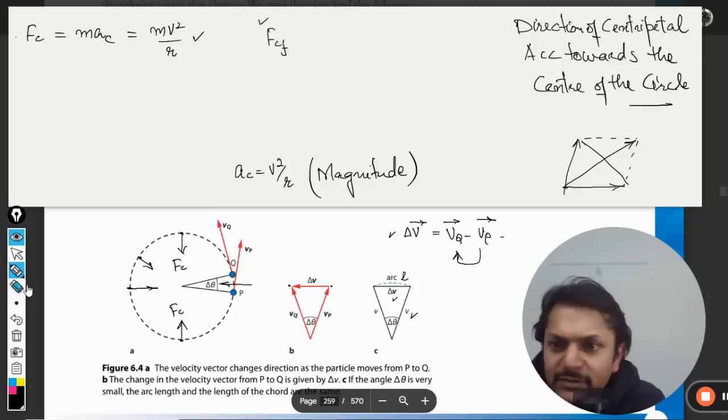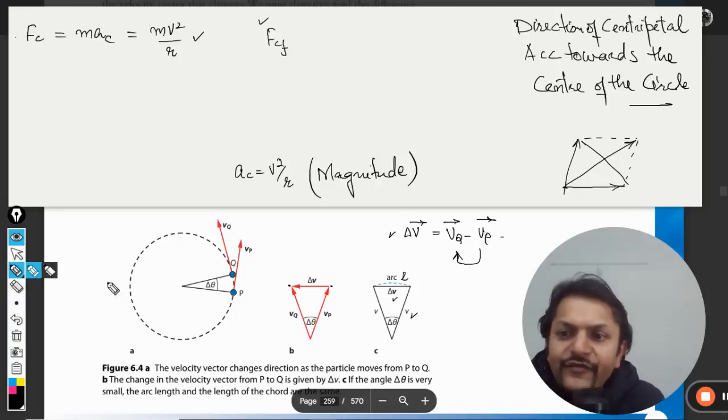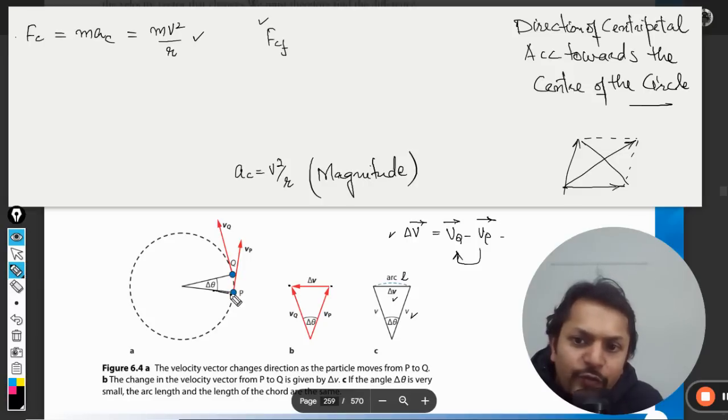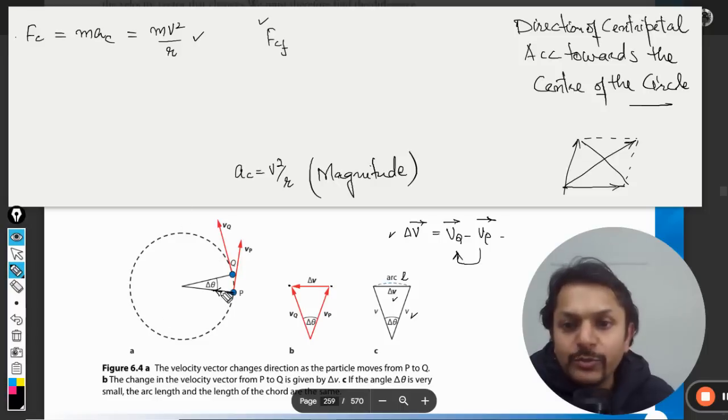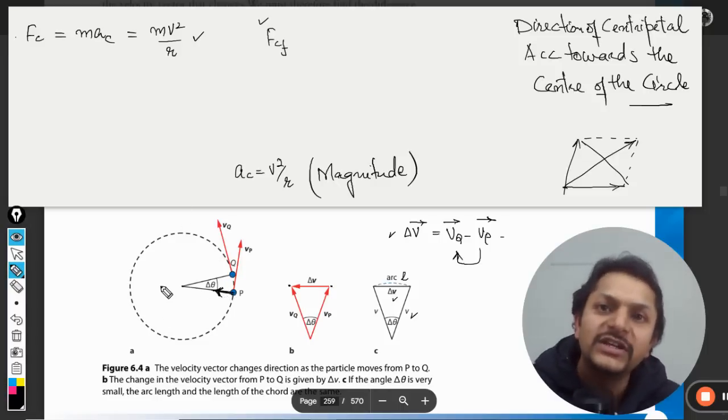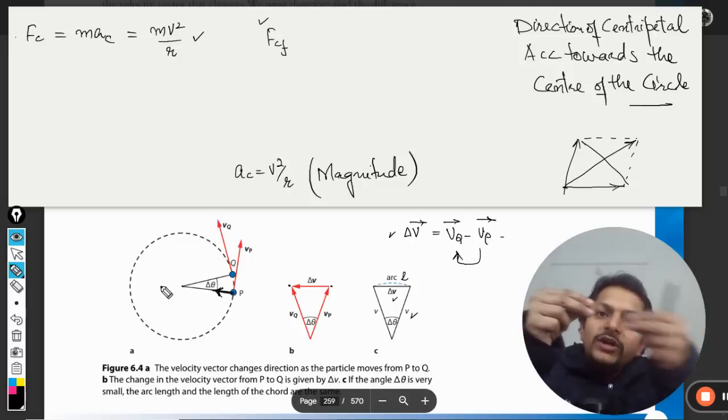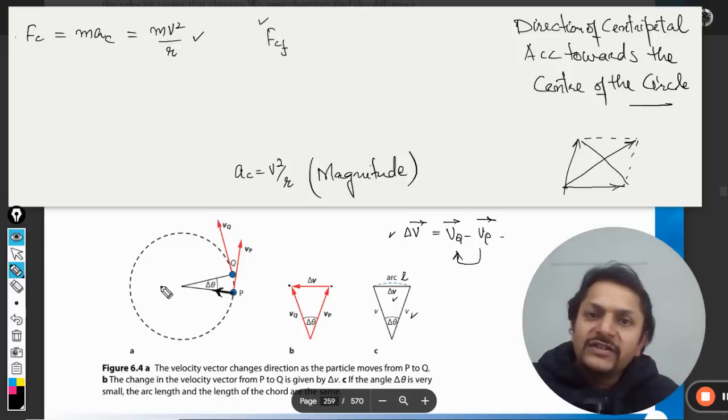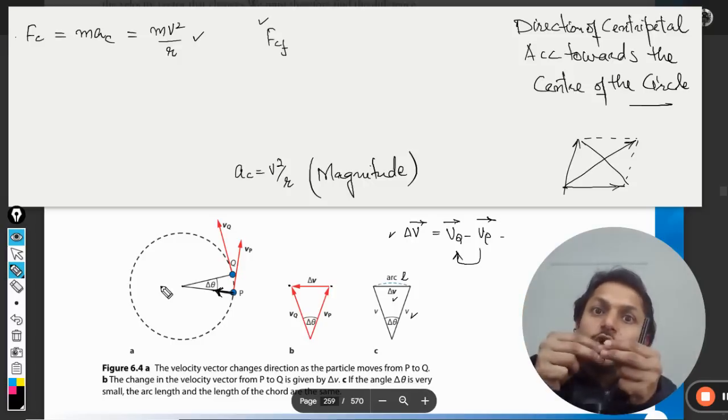So when this bob is rotating in the circle here, if I tell you that there is a force acting here towards the center, your next question could be why the point P is not going towards the center of the circle. Because if there is an attraction between them, why is it not going towards the center?